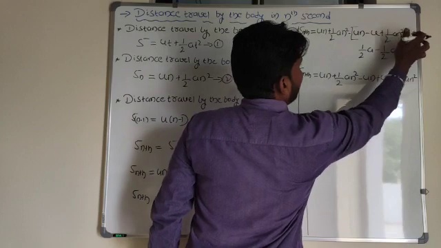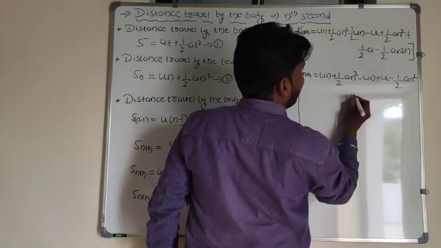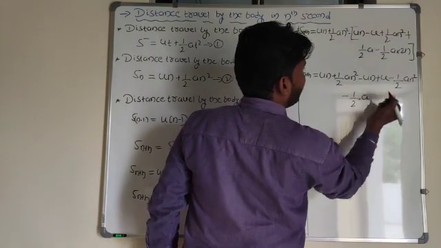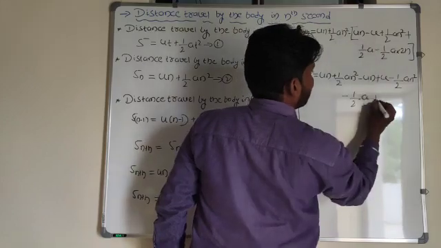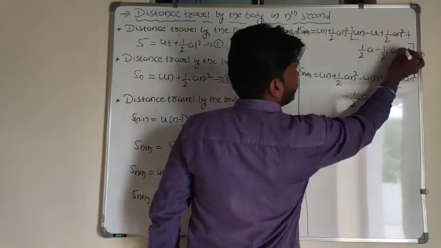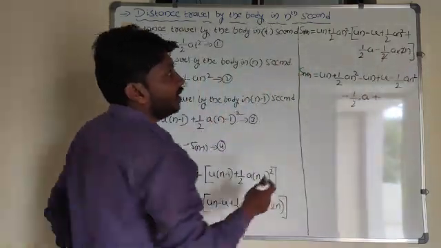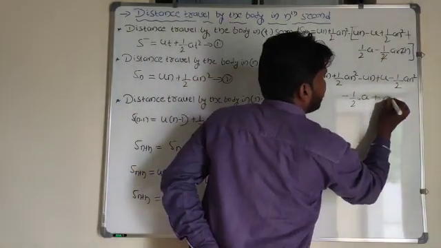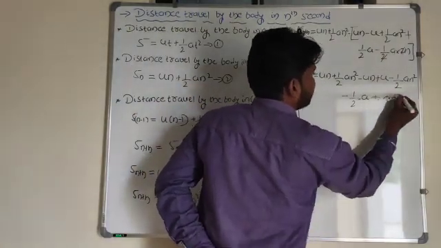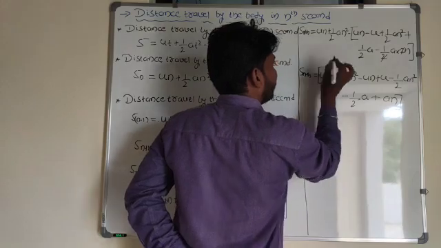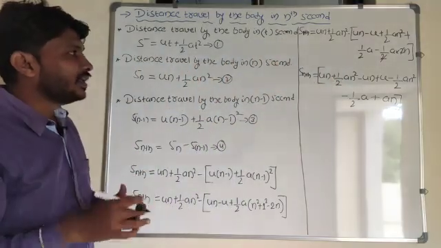So minus into plus is minus half of a here, minus into minus is plus. So look here, these two terms will get cancelled out, leaving a into n. So this is all about the distance traveled by the body in nth second.